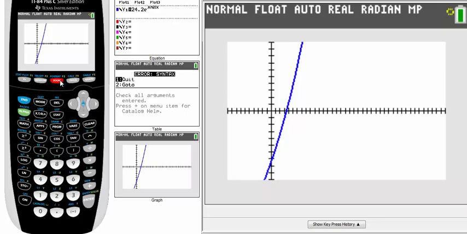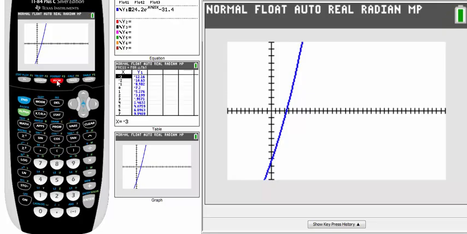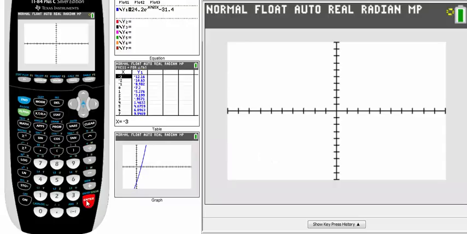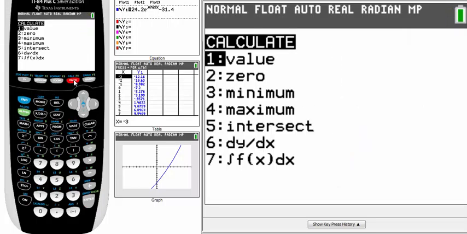Let's go to zoom. I usually don't use zoom, I usually use window, but we'll see if we can get this to zoom down so it doesn't go so far out on the x-axis. So I'm going to choose number 6, zoom standard. Gives us a -10 to 10 on both the x and the y-axis, and it should cross right around in here. Okay, so now I want to figure out where that's crossing, so then I would go second calc.